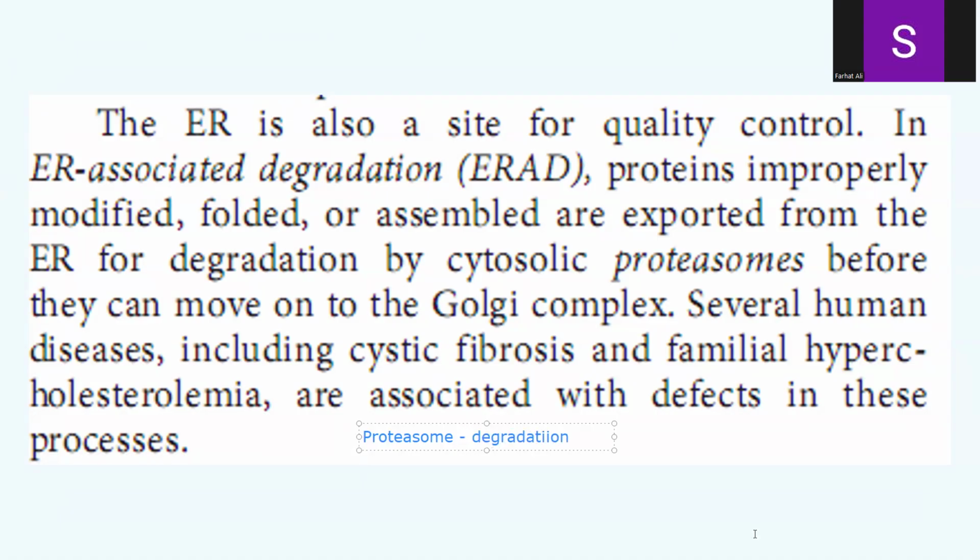Those proteins which are not required, either old molecules of the proteins which need to be degraded, or sometimes proteins that are misfolded and not functioning properly, need to be destroyed because they are no longer needed or are non-functional. So all those molecules of the protein which are to be degraded are sent to the proteasome. The proteasome is a complex in the cell that is important for the degradation of the proteins.